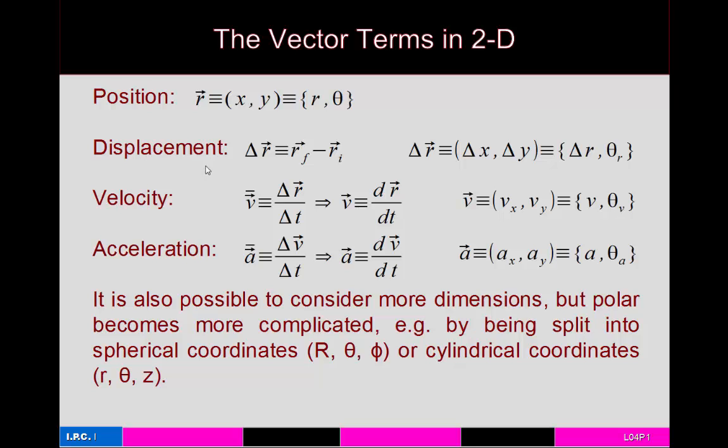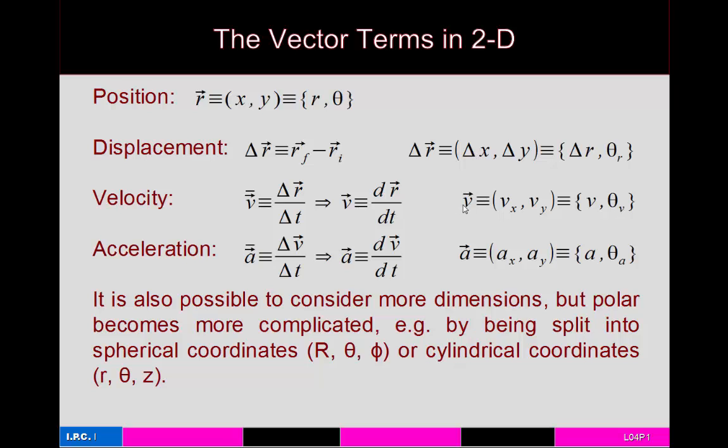And then displacement, velocity, and acceleration all have similar definitions to their previous definitions. Namely, the displacement is always the change in position. The velocity is the rate of change in position, or in other words the displacement per unit time. And the acceleration is the rate of change in velocity. But this is now all happening in 2 dimensions.